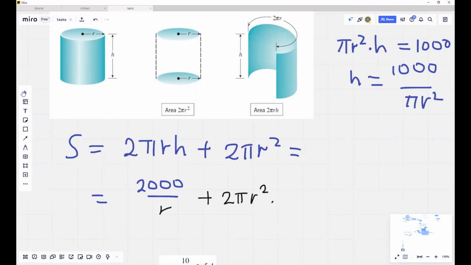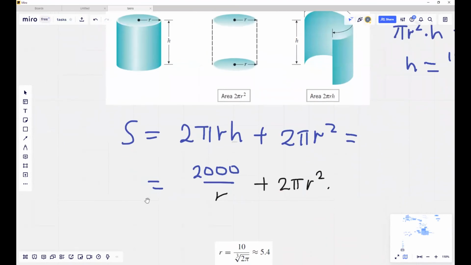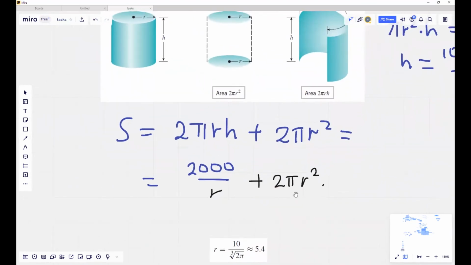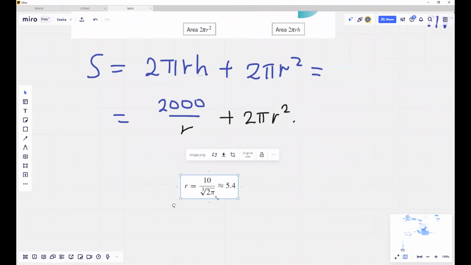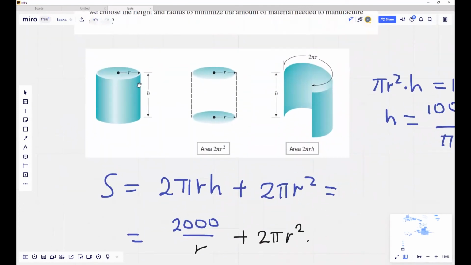Okay, now let's define the range of possible values for our parameter r. So r cannot be equal to 0, since then we are going to have a can of 0 volume.